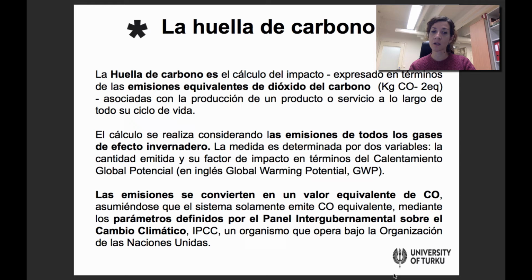The calculation is made considering all the greenhouse gas emissions, and then converting them to this equivalent of carbon dioxide, and the amount emitted and its impact is calculated as global warming potential.